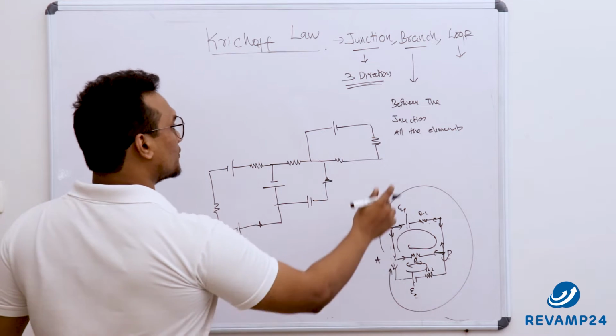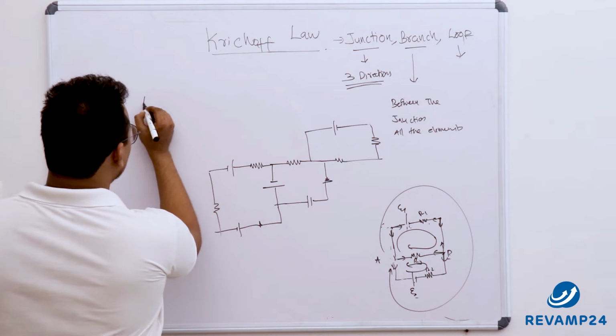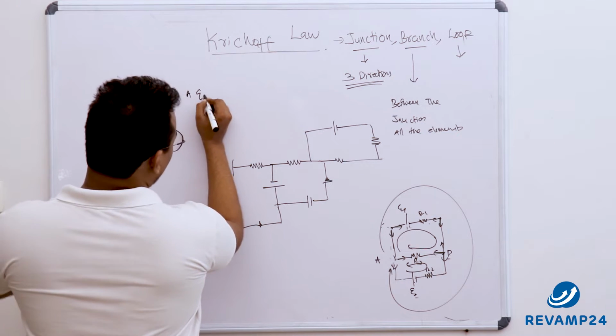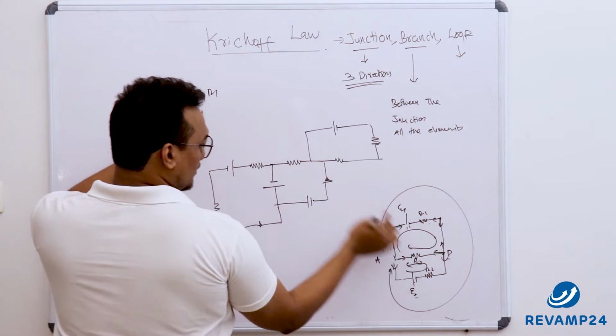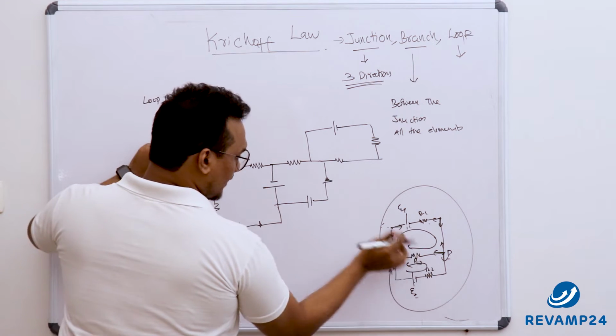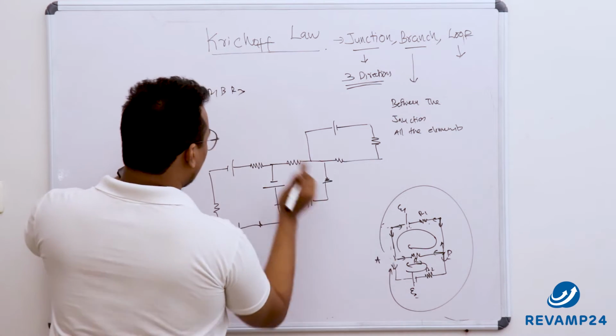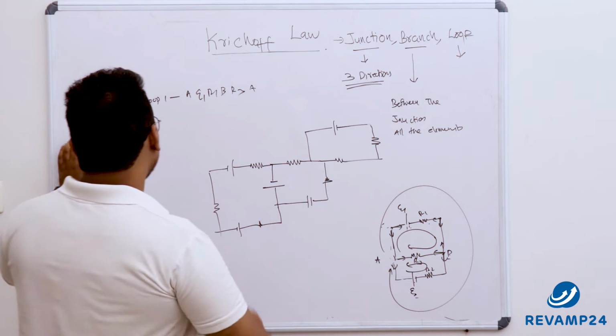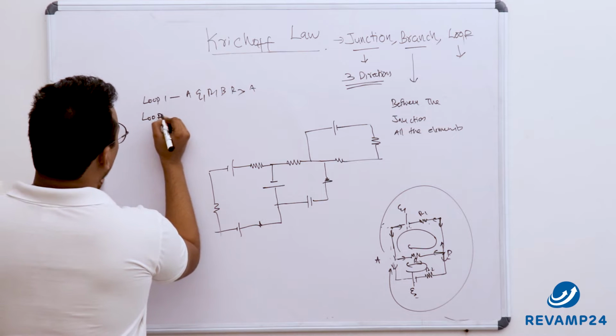So what are the different loops possible here? I'll make the loops here. Loop 1: from A, that is A, then E1, then R1, then B, then R3, then back to A. So I started from A and ended at A itself. Now loop 2.